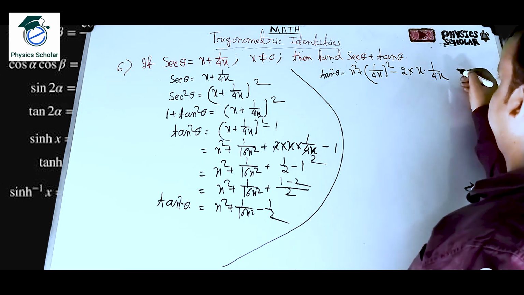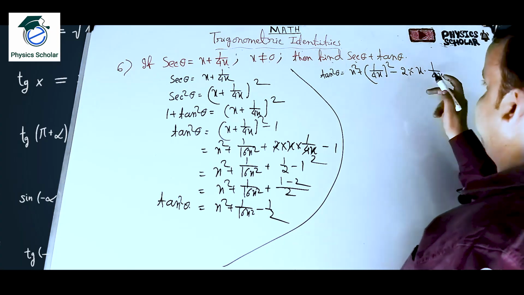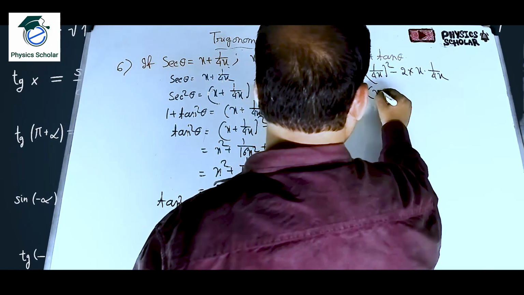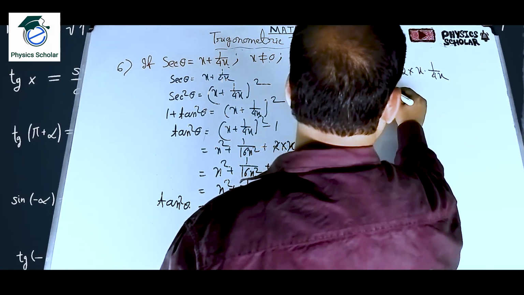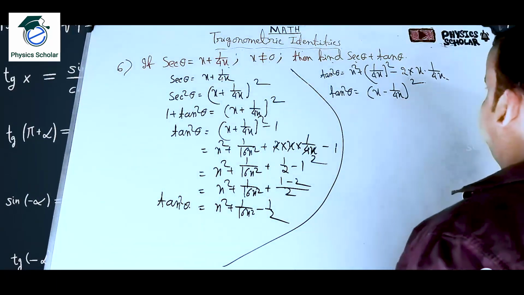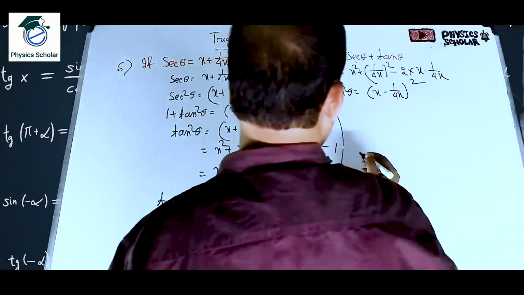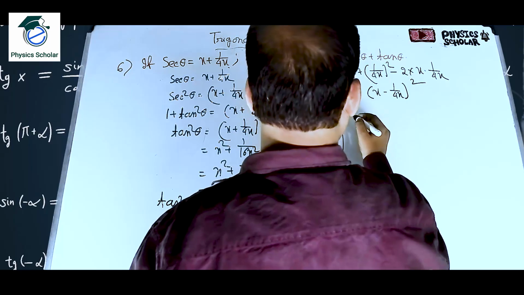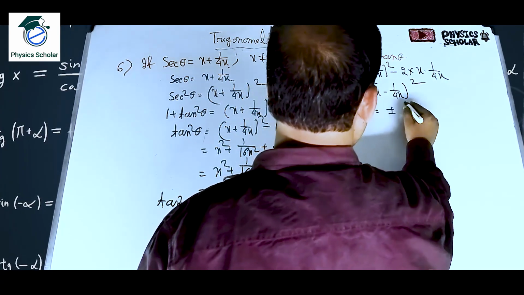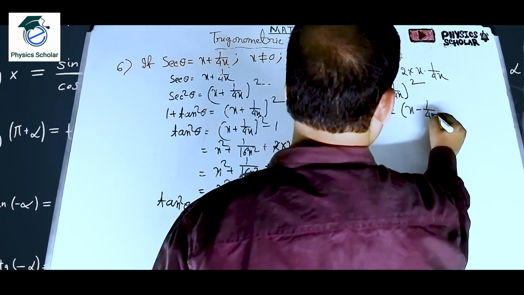So that we can write a square plus b square minus 2ab. That means what? Tan square theta is equal to a minus b whole square. Clear? A minus b whole square. Okay. Now therefore tan theta is equal to plus minus x minus 1 by 4x.